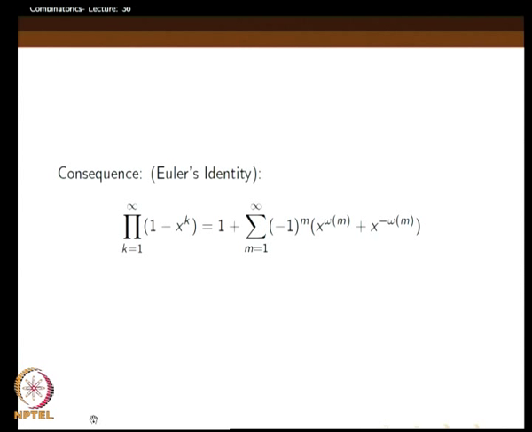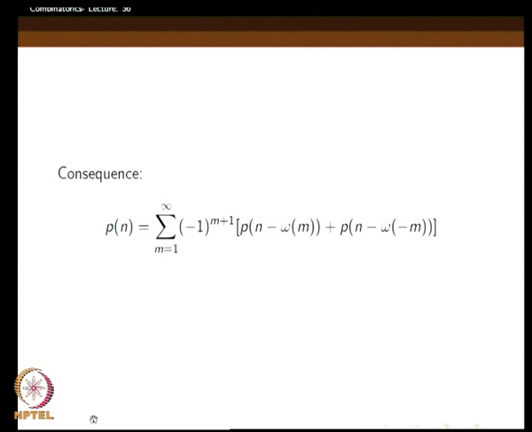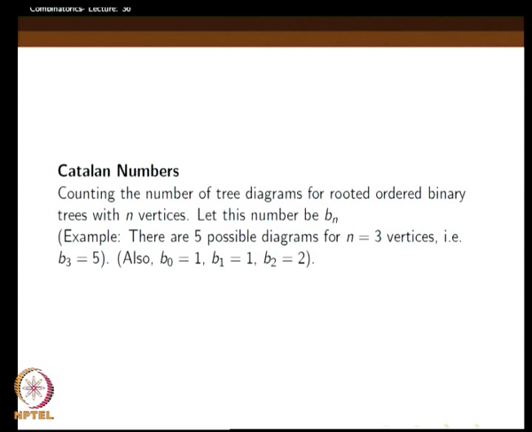Now, our next aim is to look at Catalan numbers. Here also we will have some use for generating functions, but again these Catalan numbers are also quite interesting, because they happen to be the answers for several cute problems.